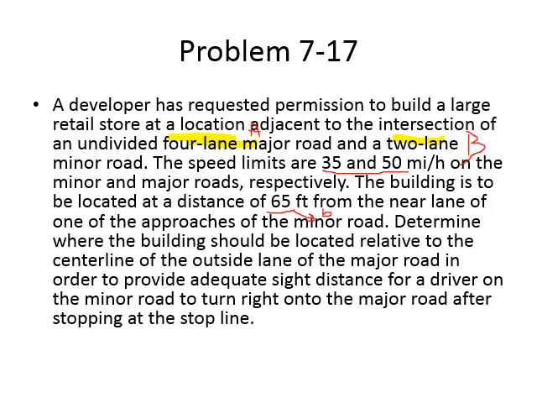We have to find out what should be the distance of the building from the major road, how far it should be so that you have adequate side distance for the turning drivers. So let us proceed with that.